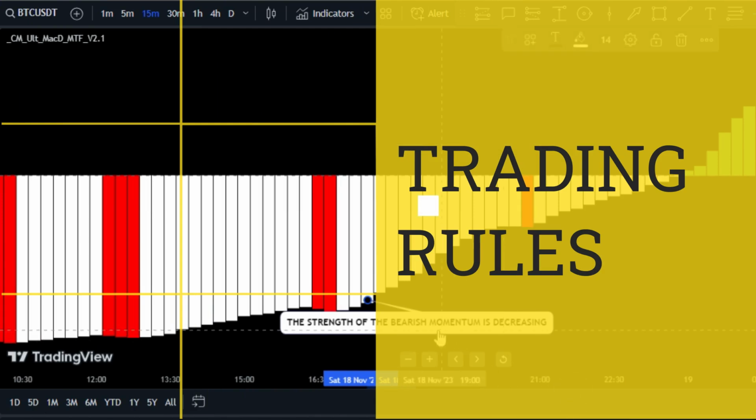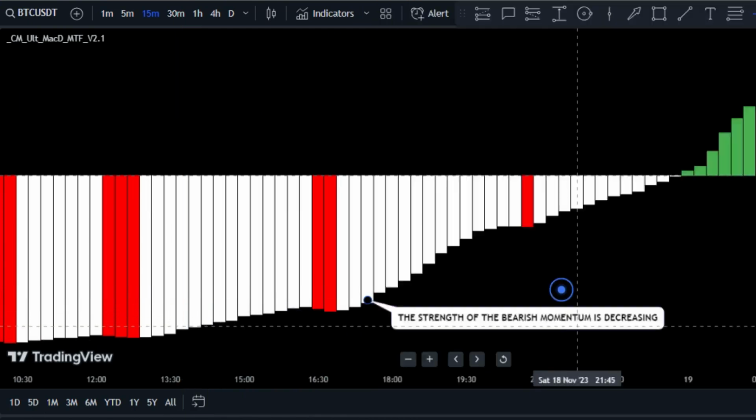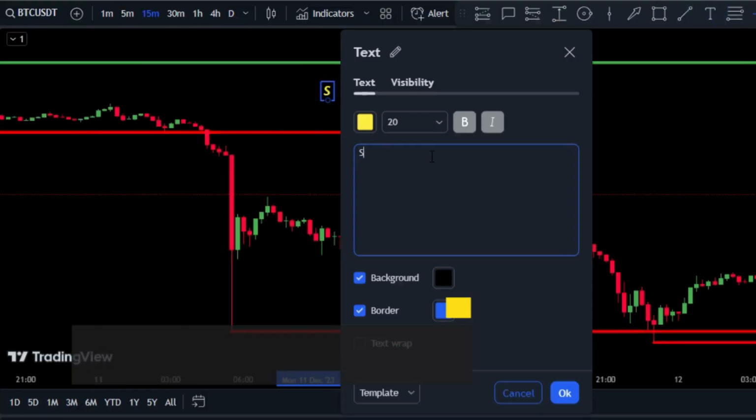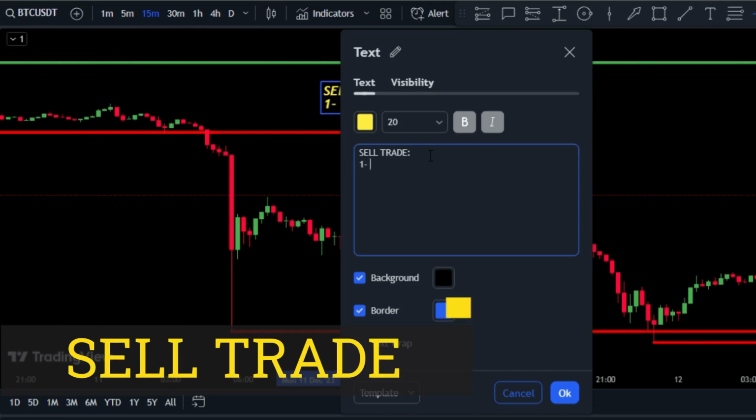Let's get started and talk about the rules for entering a trade. For a sell trade, first ensure there's a valid bearish breakout in the market.